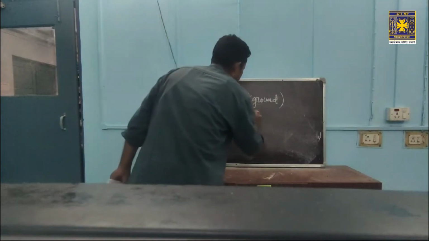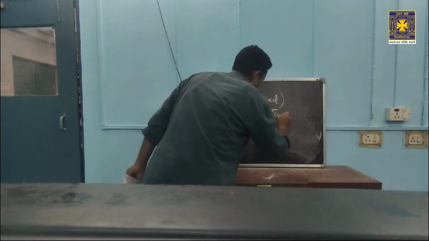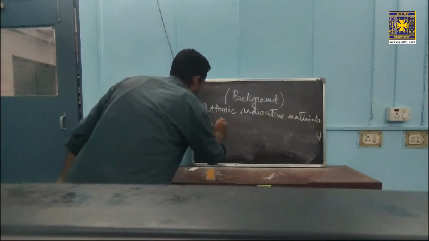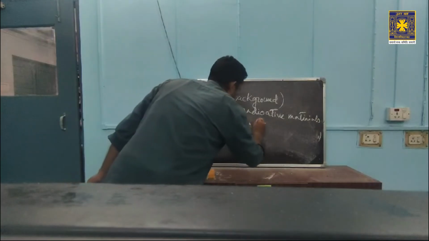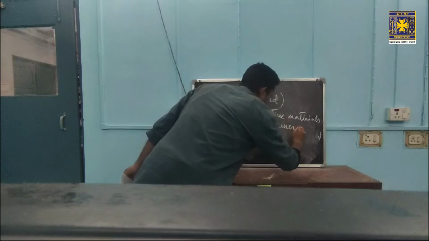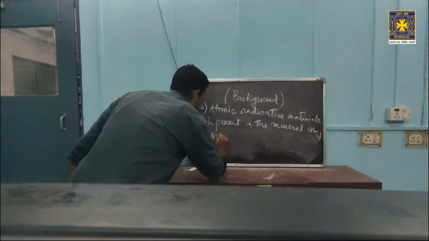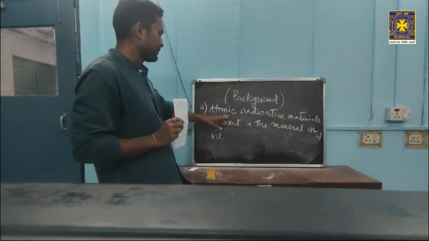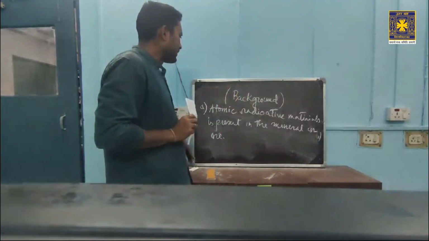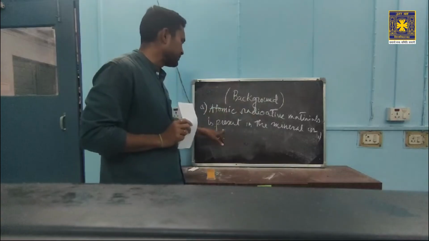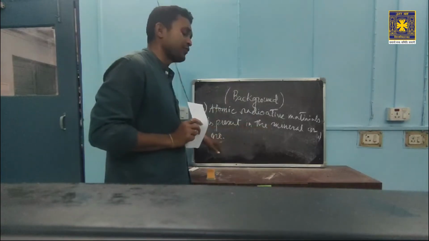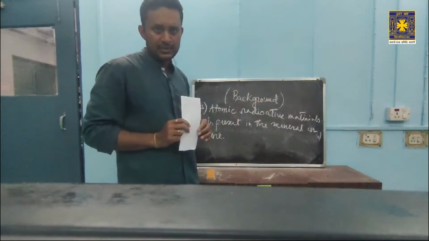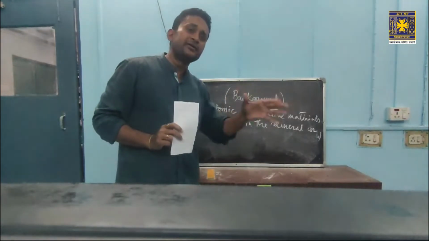The first natural source of radioactive radiation is atomic radioactive material present in minerals or ore. What does it mean? It is basically about the mining of uranium. Uranium is a kind of radioactive element.